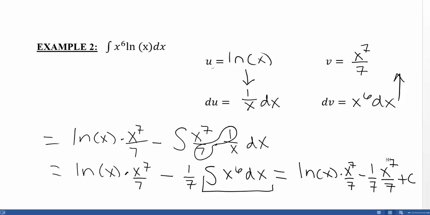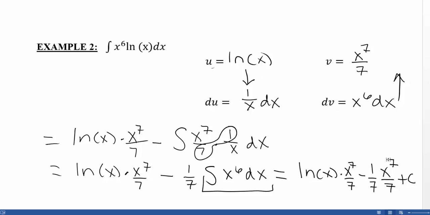So again, when I do integration by parts, the goal is that the integral in the formula will be something I can actually take the antiderivative of. But it's always a good idea to simplify before you do the antiderivative if possible. So combining any constants, or as in this case, simplifying x terms.